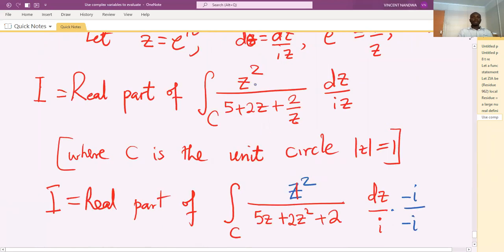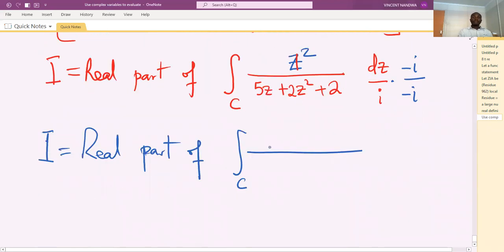The numerator is z squared. So I'll have negative z squared i over 2z squared plus 5z plus 2, dz. So that's what we have.